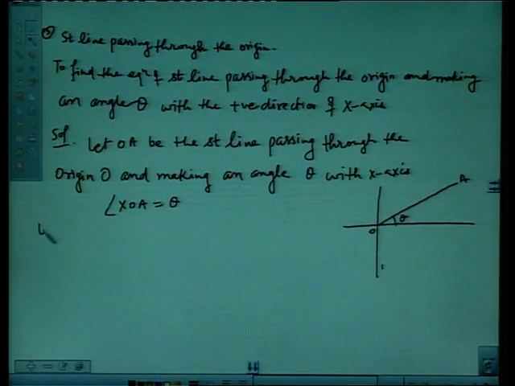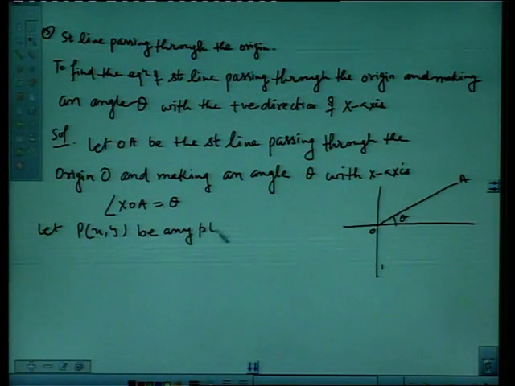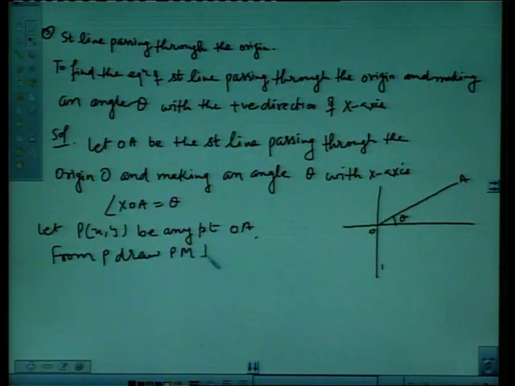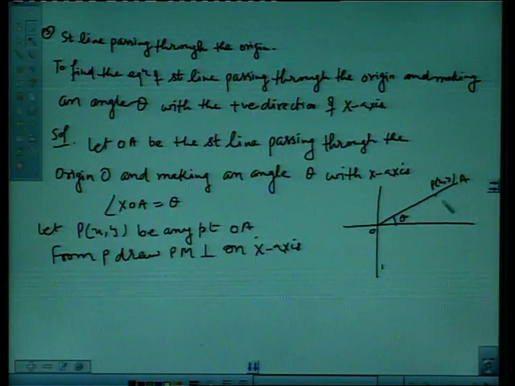Let P(x, y) be any point on OA. Now from P draw PM perpendicular on x axis. Here P is a point, its coordinates are x, y, and from P draw PM perpendicular on the x axis.